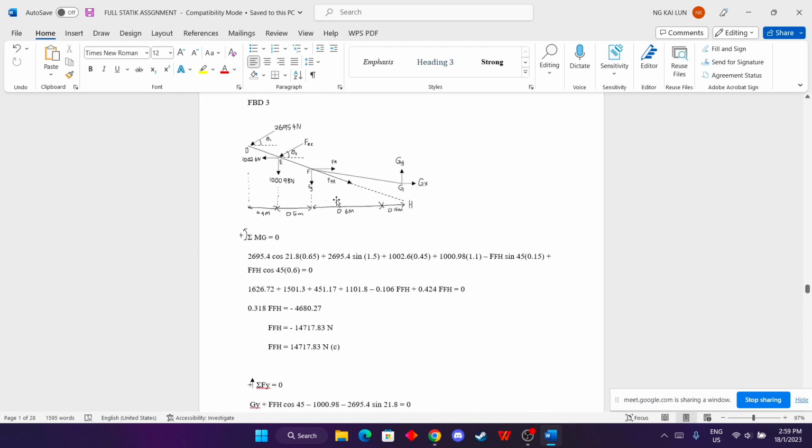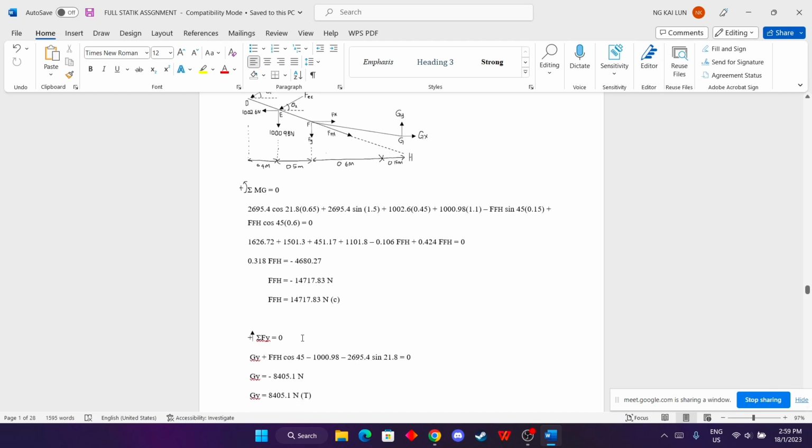If you look at the picture here, in the whole diagram there are only 1, 2, 3, 4 forces. So GY minus Fy, cos, sine, whichever theta I can find here. This is how you find the theta. This minus cos 45 plus cos 45. This is the theta.